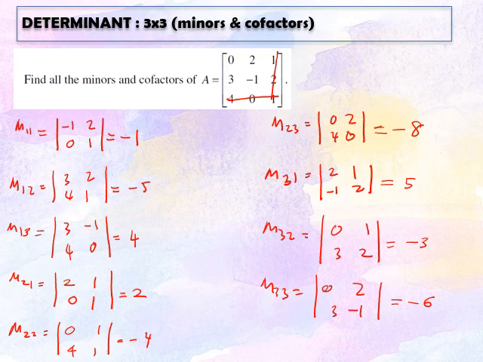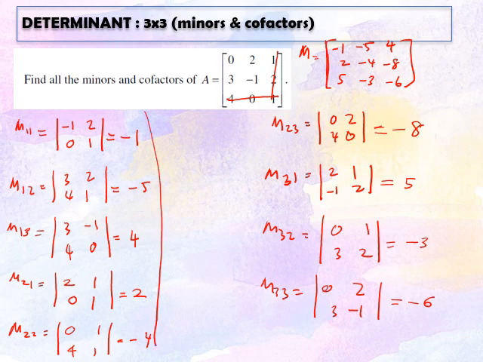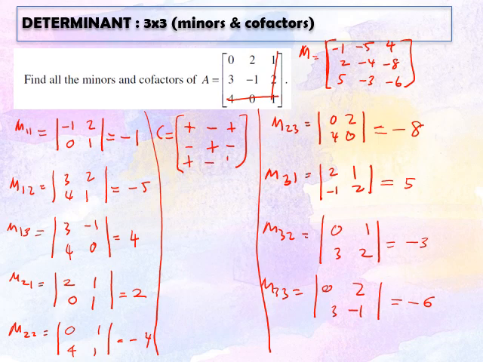So now we can write our minor. So M is equal to negative 1, negative 5, 4, 2, negative 4, negative 8, 5, negative 3, negative 6. So we can write in matrix form. To find the cofactor, actually there's a shortcut like this: positive, negative, positive, negative, positive, negative, positive, negative, positive.